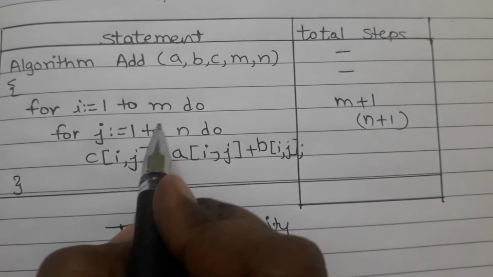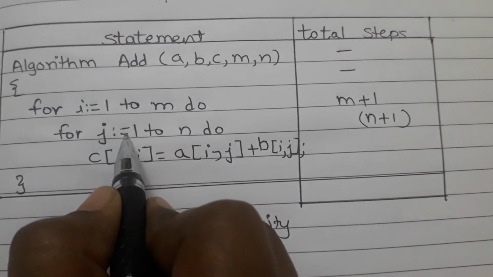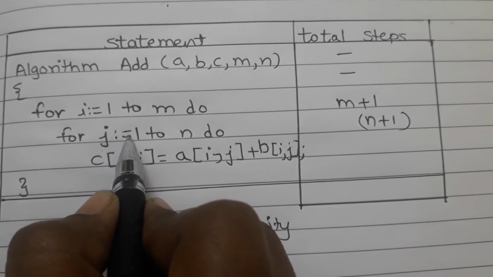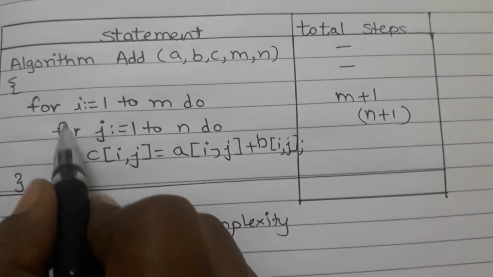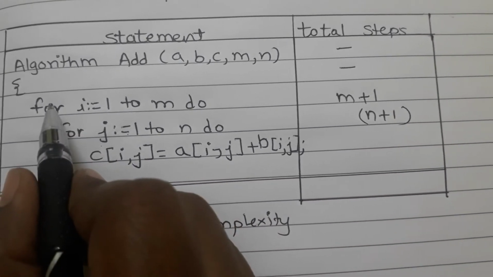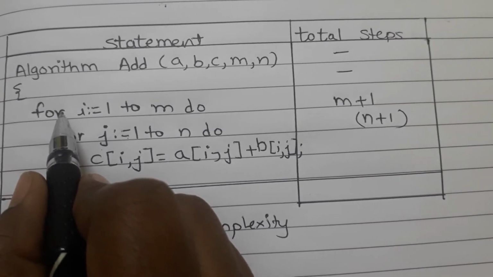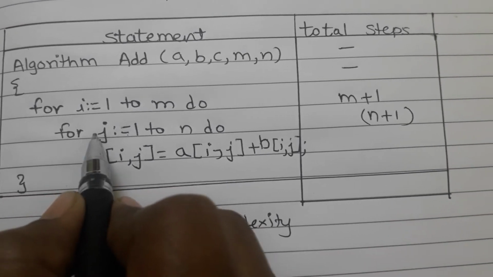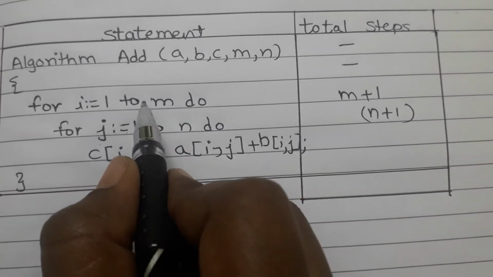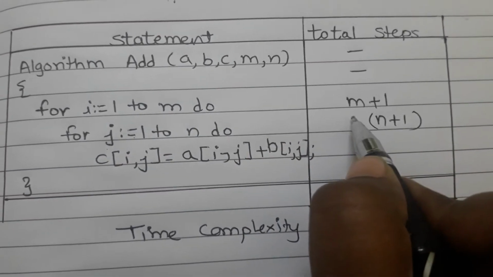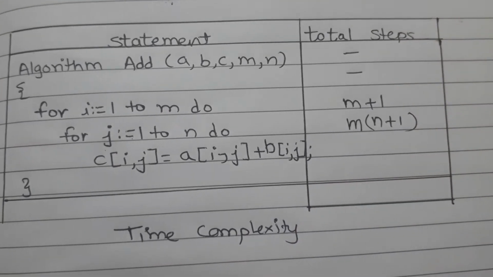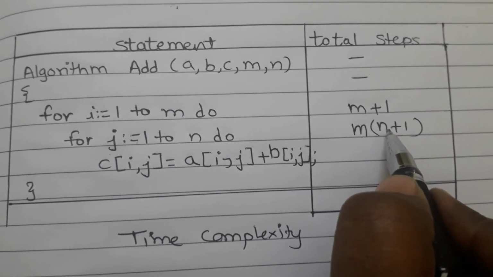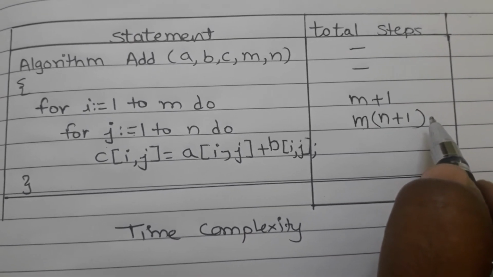Whatever statements are present in the inner for loop will be executed n times. Since this inner for loop is present in the outer for loop, it will be executed m into n plus 1 times.